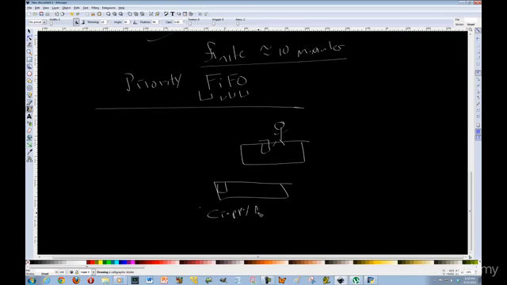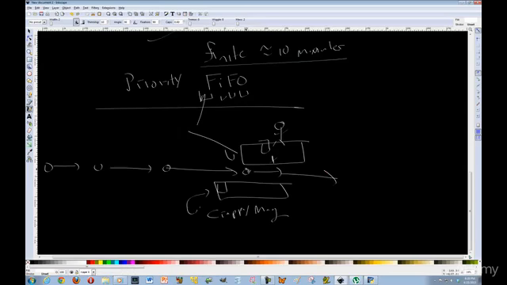And how this works is people come into the line, and the first person who came into the line is the person who gets checked out, and then he leaves, or she leaves. Then the next person, then the next person, then the next person, and so forth. So that's how FIFO works.